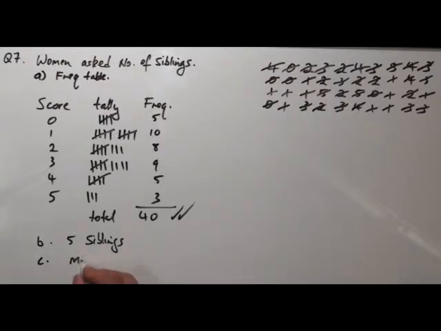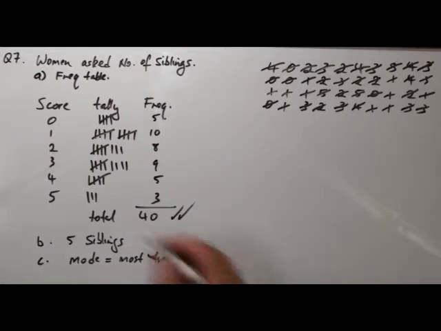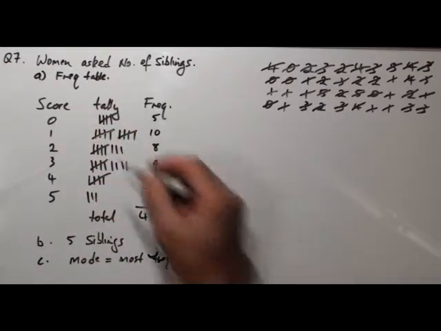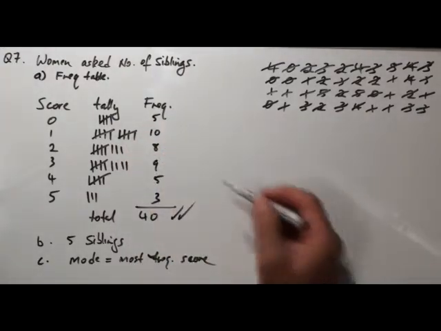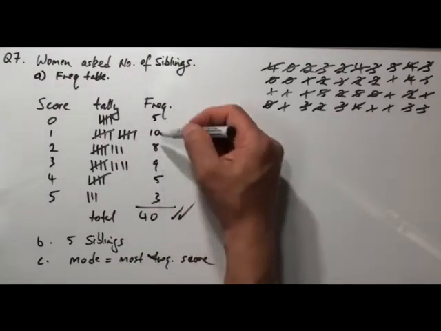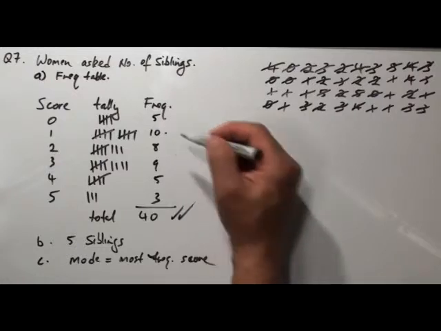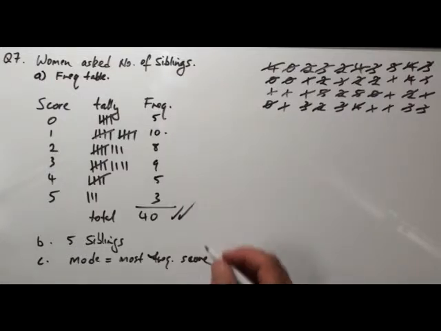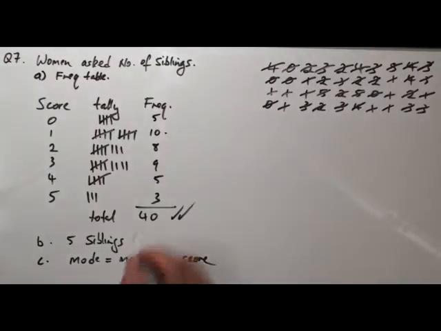So the mode, whenever you see that, that actually equals the most frequent score. In other words, what score had the highest frequency? When you look at this here, you can see straight away the highest frequency is 10. The answer would be wrong if you were to put 10, because the question is saying what was the score that has the highest frequency.